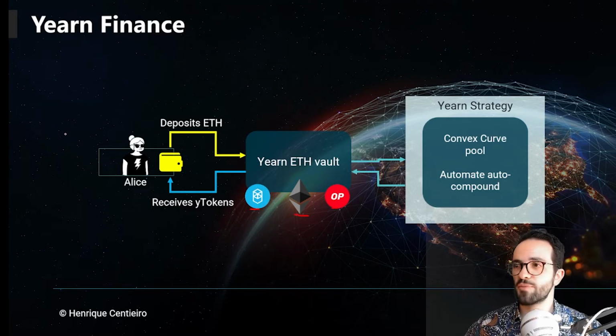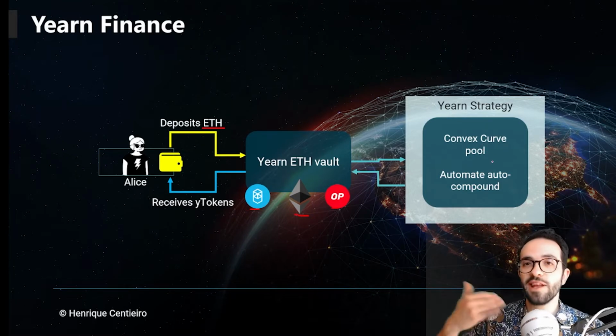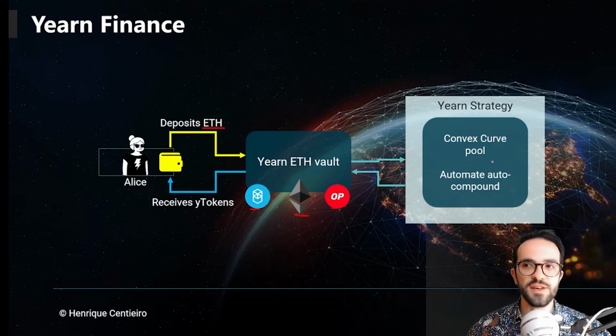So in the demo that we are going to do in a minute, you will deposit some ETH into a Yearn vault, and this vault is basically to automate a Convex Curve pool. So this will interact with different smart contracts.